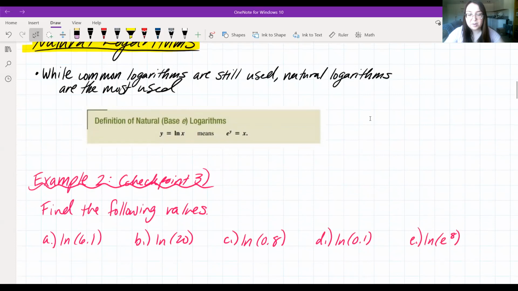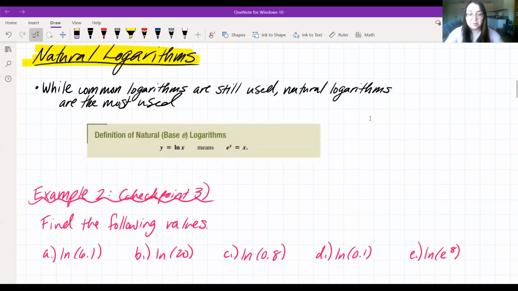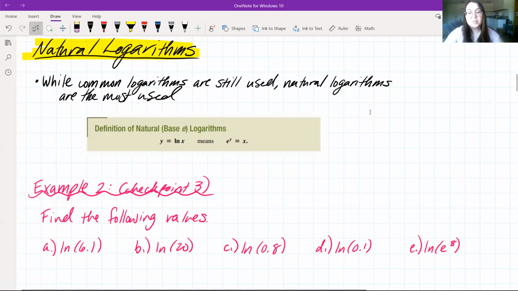All right, so now we can move on. We have natural logarithms. So common logarithms are still used and they're still useful, but natural logarithms are the most used and they prove themselves to be more useful in certain cases. So we have the definition of the natural logarithm. It has the base e. In our last sections, we talked about the number e, which is around 2.718.